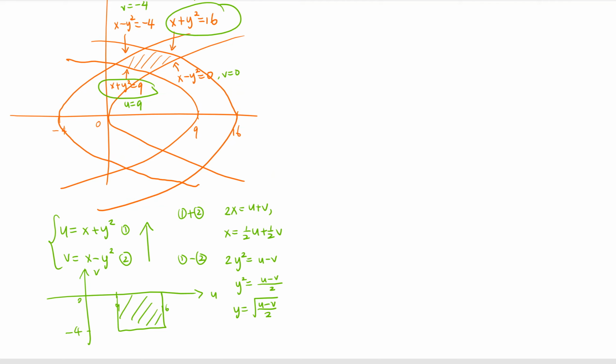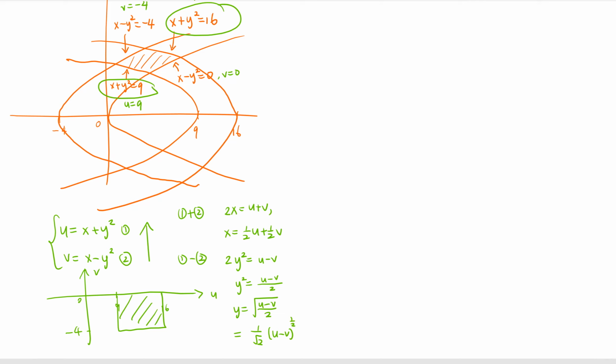So far, so good, everybody? Okay, that's the same as 1 over square root of 2 times u minus v to the 1/2.